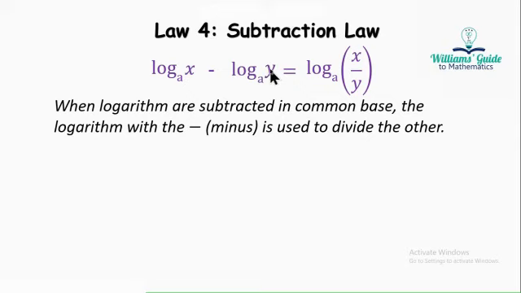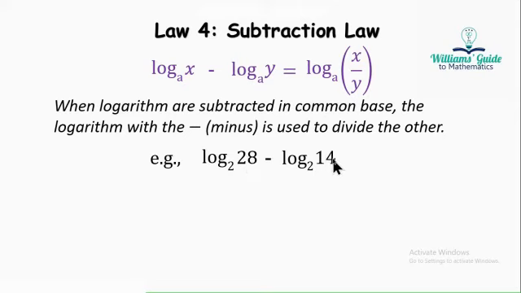So we have an example, log 28 to base 2 minus log 14 to the base 2. We have a minus in between these two log. 28 and 14, the numbers, we divide the two.